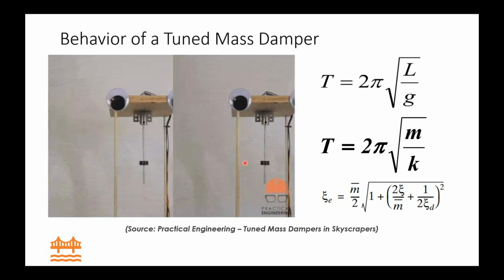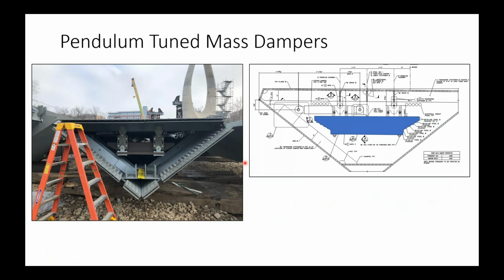So we applied this concept to the bridge, and this is essentially how it looks in our bridge. We didn't want some large unsightly thing attached to the outside of the bridge, so we wanted to do something that would fit inside the bridge and be completely hidden. The way we did that was we stacked a bunch of steel plates together, and we hung those steel plates on a lever arm or a pendulum here.